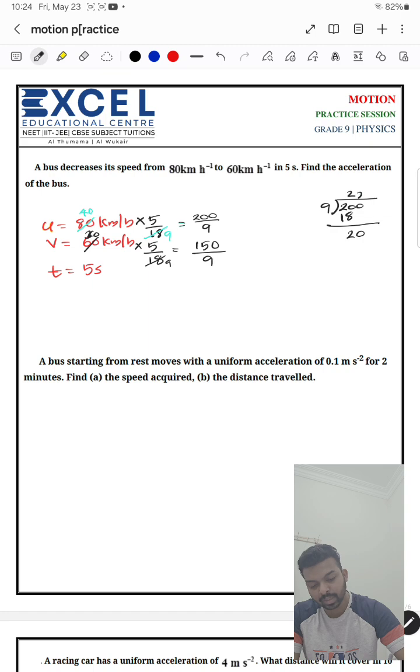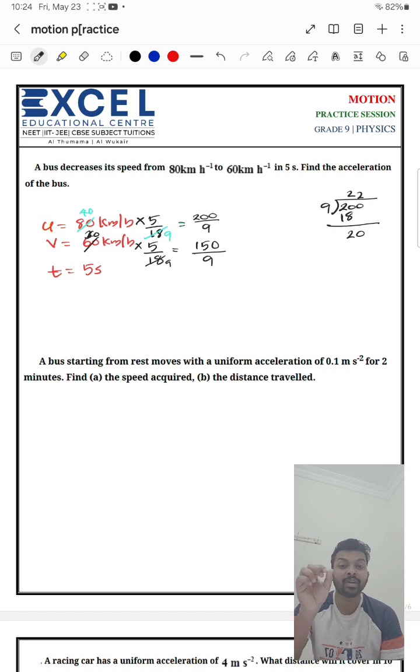Understand one more thing, listen people, whenever you do this, 200 divided by 9 means, 200 divided by 10 will be 20. So this is 200 divided by 9, a number less than that, so the answer will be a little bit greater than 20. You should have this idea before you do it. If you are getting a wrong answer, you can understand. Clear or not?